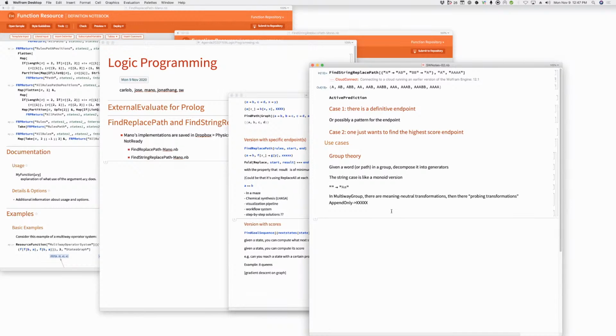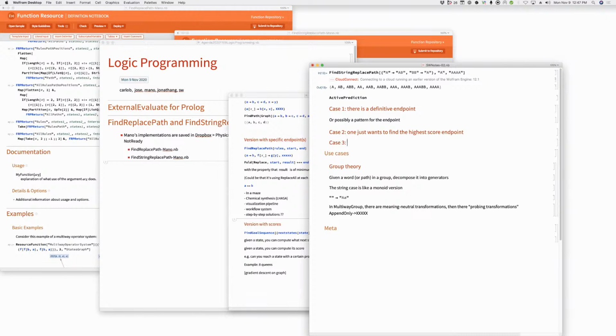So let's again talk about use cases here. One meta use case. Okay, there's sort of another case here, maybe. One wants to find a proof. One wants to find an equivalence proof.